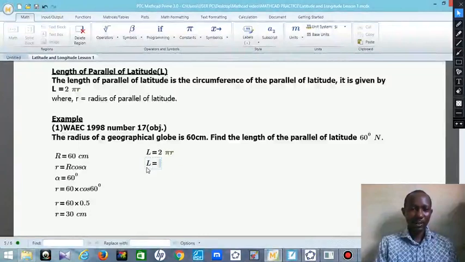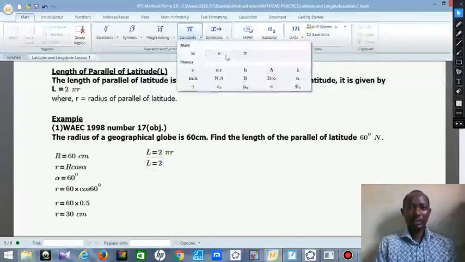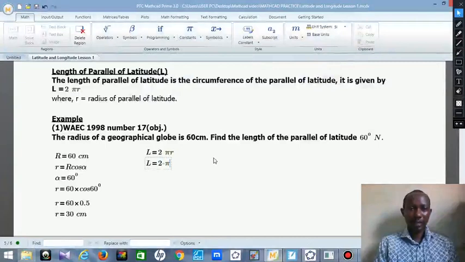So L is equal to 2. If pi is given, you can use 22 over 7. If it's not given, it depends on what the question wants. In this question, pi is not given. You can leave your answer in terms of pi if you like. Understand? You can leave it in terms of pi, depending on how the question comes, or you put 22 over 7.